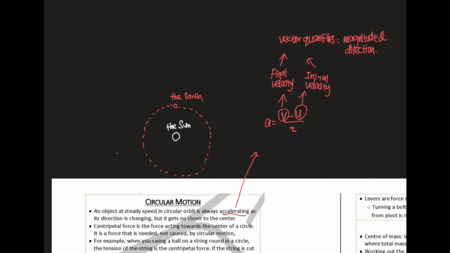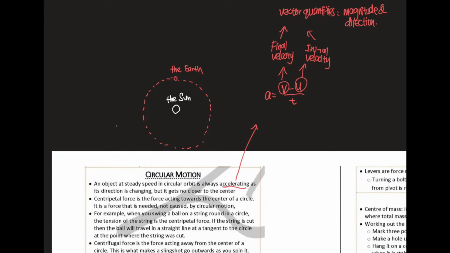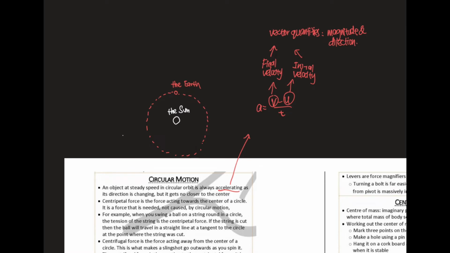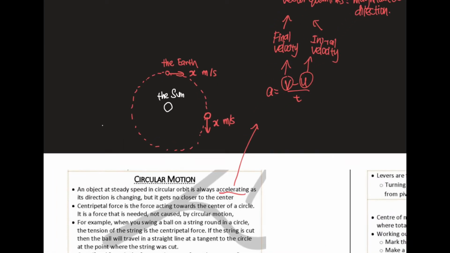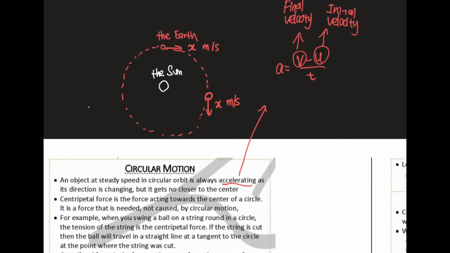Now let's say the earth again. The earth moves at the steady speed. Let's say the speed is x meters per second. At one point the earth will come here, and it moves at x meters per second. Let's say this is the u, initial velocity.